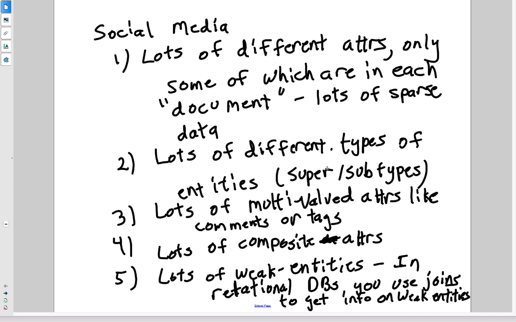Okay, let's see, what other issues do we have with relational databases? Structured data. The third thing is to increase the performance, what they wanted. So let's just say, what are the disadvantages then of relational?